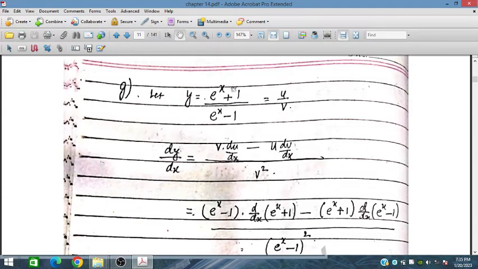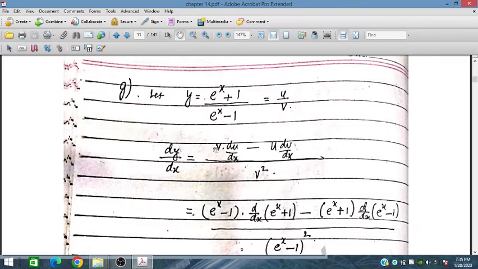Similarly for this one, now part B. Here this is considered as u and this is considered as v. So for u upon v, the formula is dy by dx equals v u dash minus u v dash, all over v square. Here v dash means the differential of v.